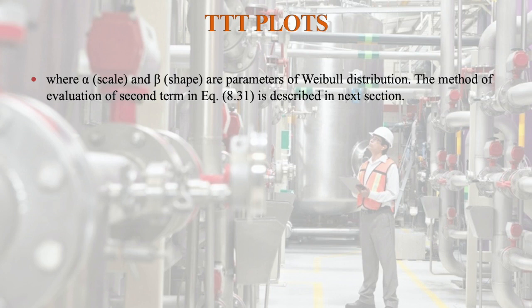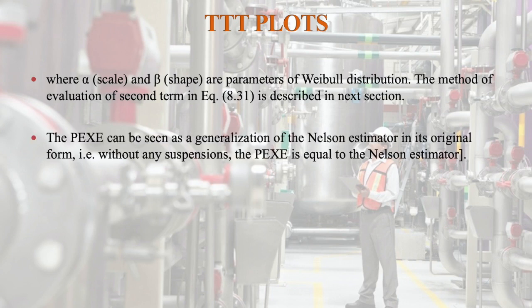The method of evaluation of the second term in equation 8.31 is described in the text section. The PEXE can be seen as a generalization of the Nelson estimator in its original form, that is, without any suspensions. The PEXE is equal to the Nelson estimator.